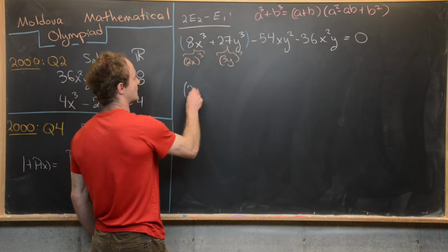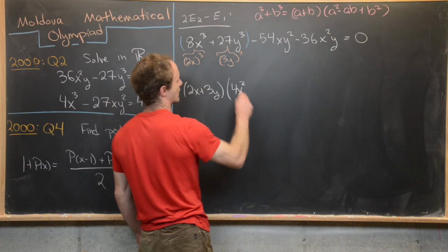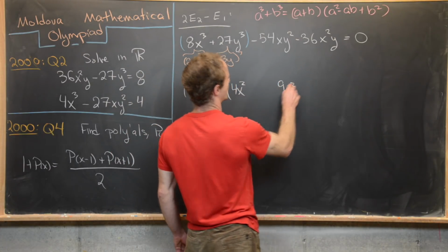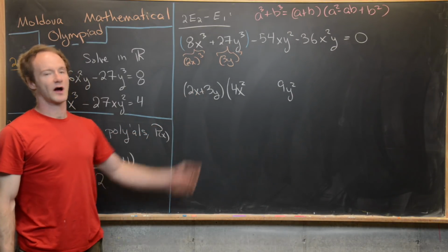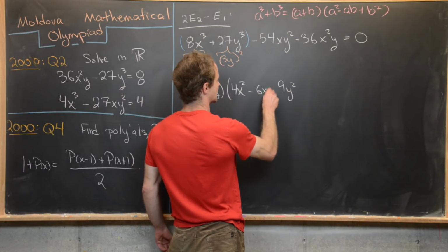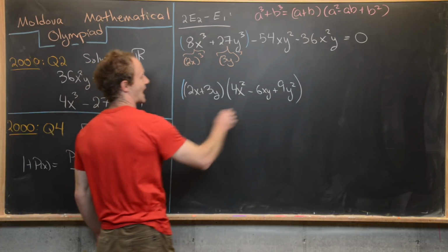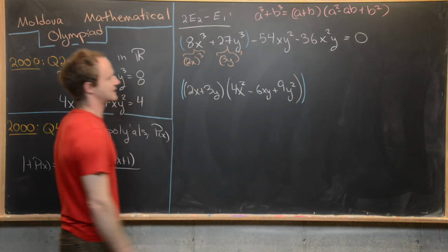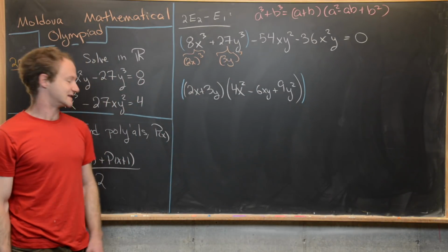That'll give us 2x plus 3y, and then we'll have 4x squared, 9y squared at the end. And then in the middle, we'll have the opposite of the product of these two, so that's going to be minus 6 times xy. So just to reiterate where that came from, we got that from factoring these blue parentheses up here. Then next, we can factor by grouping in this next term.